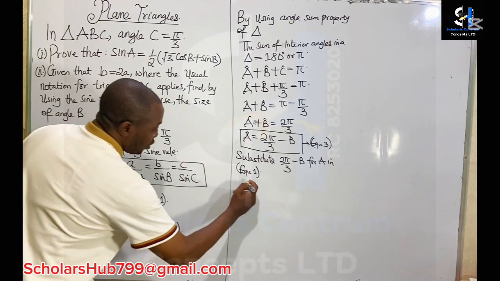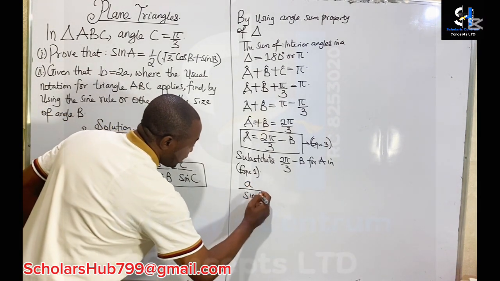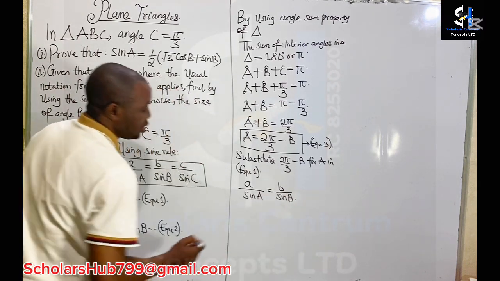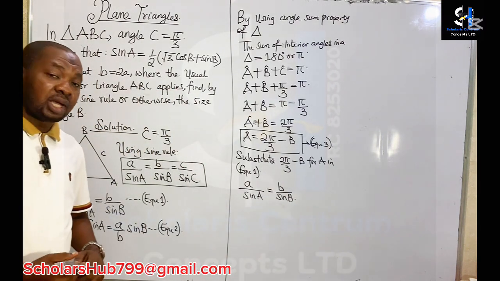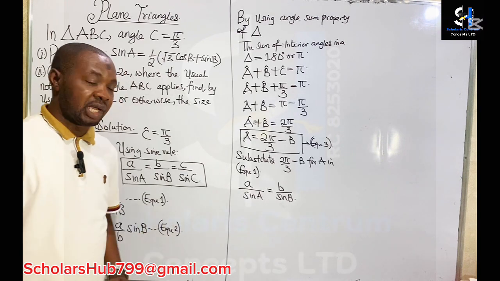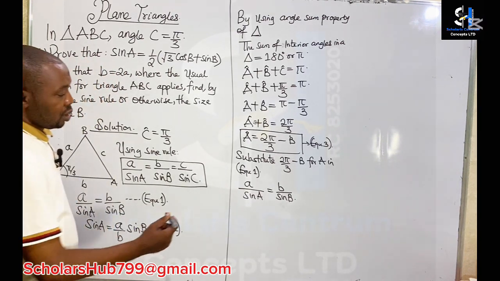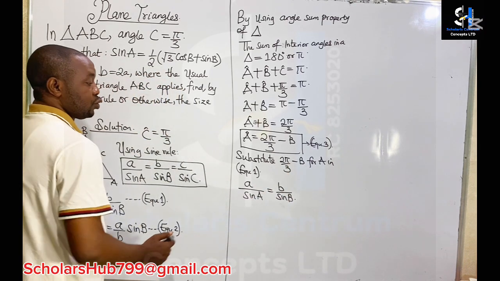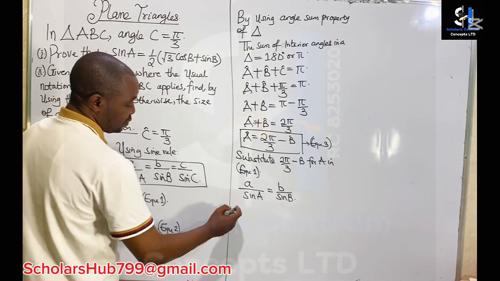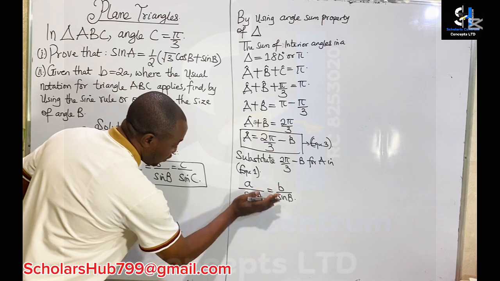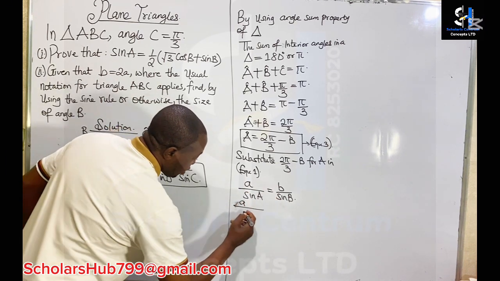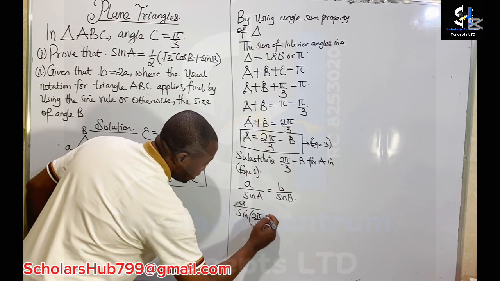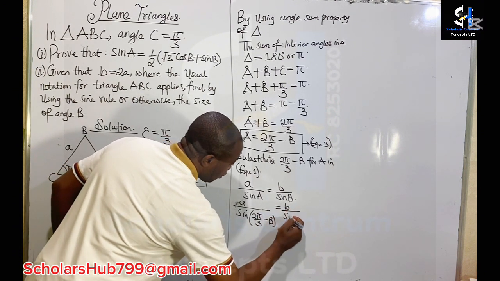And we know that equation 1 is side a over sine A equals side b over sine B. So when we substitute 2 pi over 3 minus B for A, we're going to have a over sine of 2 pi over 3 minus B equals b over sine B.